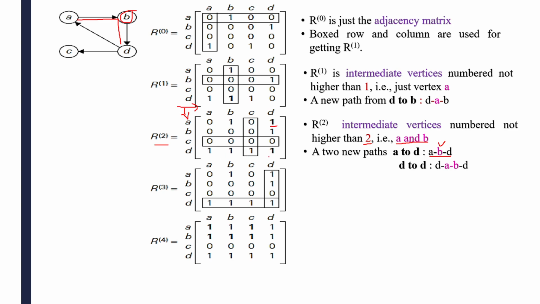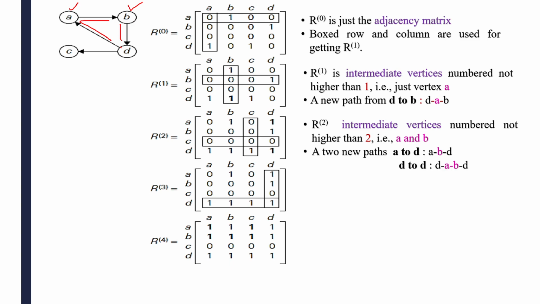Next, in C, there is no change. In D also, D to D, I am getting a path with the help of A and B as intermediate nodes. So let's see how it works here. First you have to move from D to A. A is the intermediate node now. Next A to B. B is also an intermediate node.